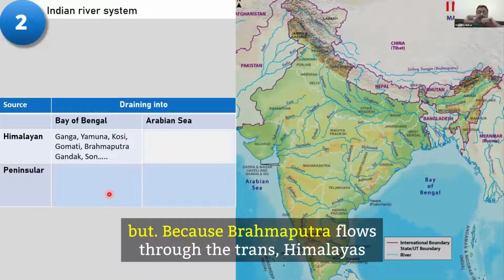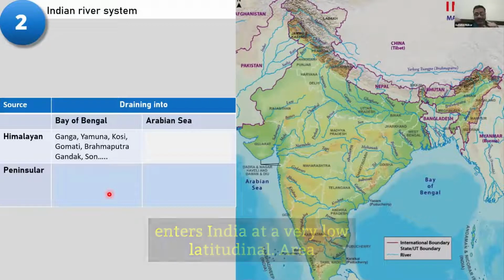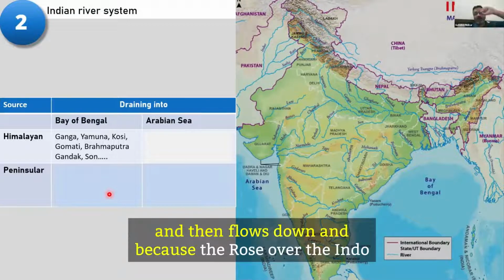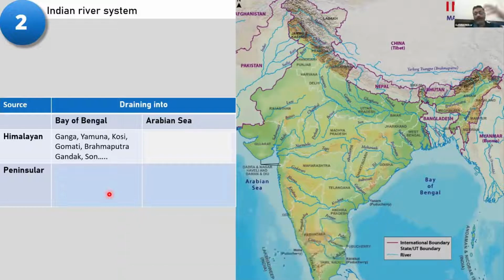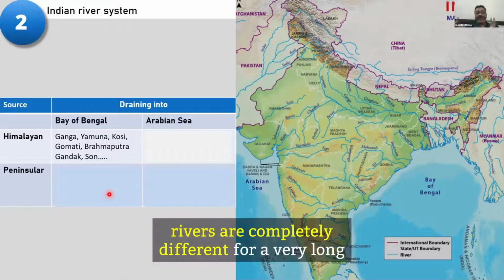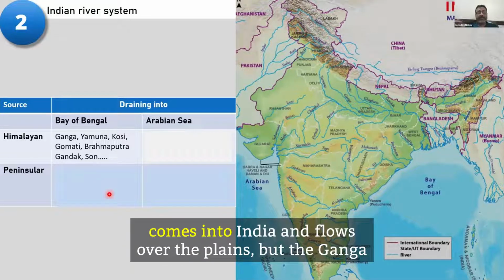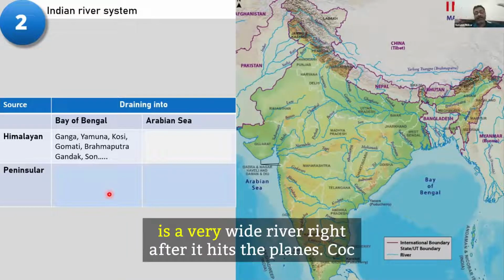But because the Brahmaputra flows through the Trans-Himalayas, enters India at a very low latitudinal Himalayan area, and then flows down, and because it flows over the Indo-Gangetic plain, the personalities of both the rivers are completely different. For a very long time, the Brahmaputra is a very small river until it comes into India and flows over the plains. But the Ganga is a very wide river right after it hits the plains.